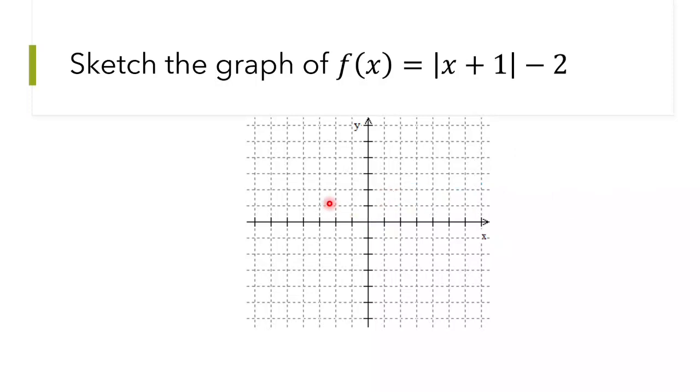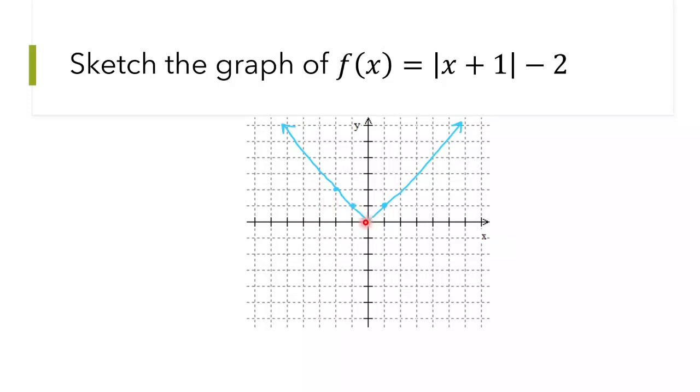Now we can combine these transformations together. I can graph f of x equals absolute value of x plus 1, minus 2. There are 2 different transformations happening here, an input transformation and an output transformation. Once again, I'll start by drawing my parent function. This time it's an absolute value.